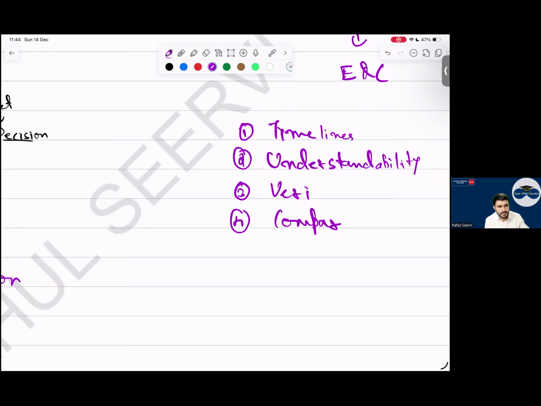What does this mean? The information provided, we should be able to verify. There should be evidence. If I say I have recorded inventory of 1 lakh rupees, now if you're an auditor, how will you verify it?